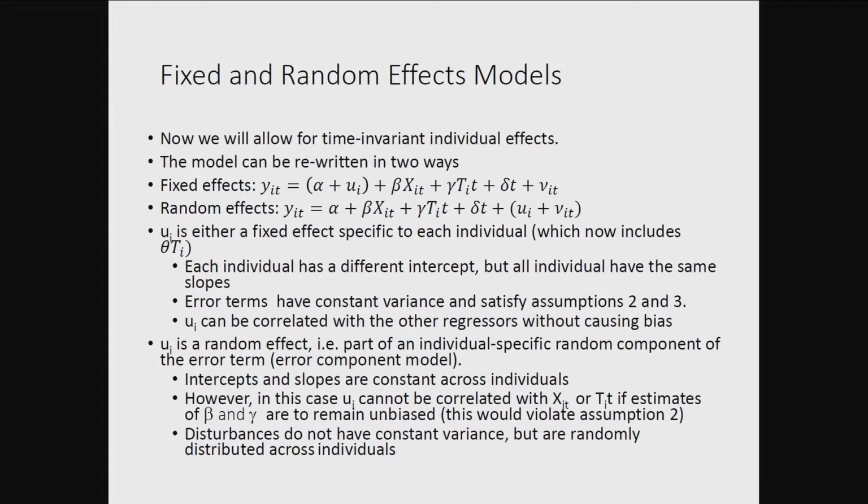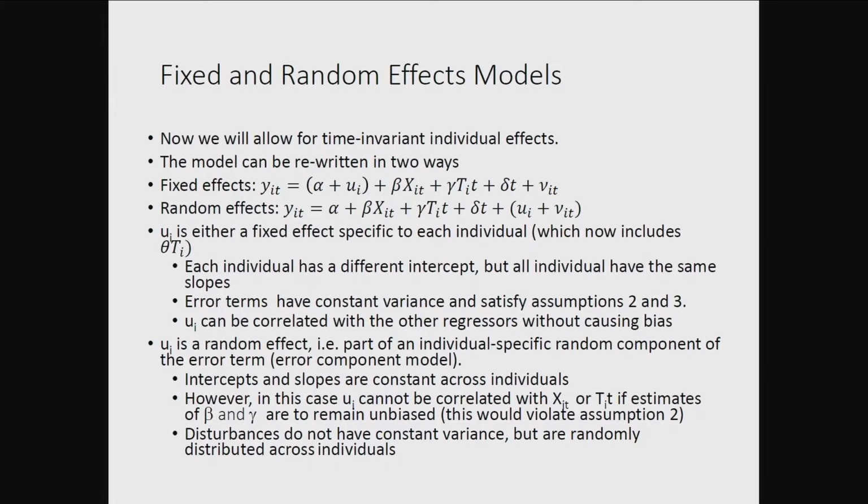But now, the individual dimension ui is a component of what? Of the error term. So in this case, ui cannot be correlated with xit or tit, and that's an assumption that we have to make. Why? Because if part of my error term is correlated with one of the explanatory variables, I'm going to violate which assumption?